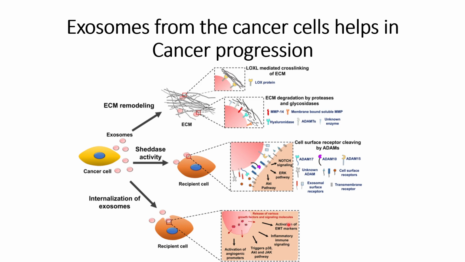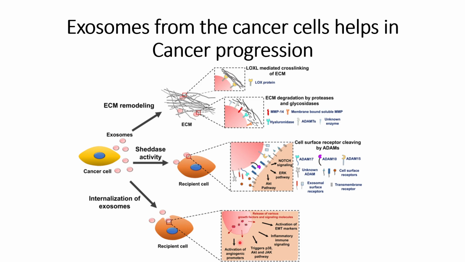The E-cadherin and N-cadherin levels are manipulated in a way that the cells become prone to show EMT characteristics, that is, a shift from epithelial to mesenchymal transition. Simultaneously, they also release inflammatory immune signaling and activate the AKT and JAK pathways or angiogenic promoters.